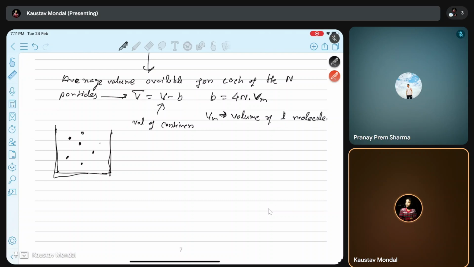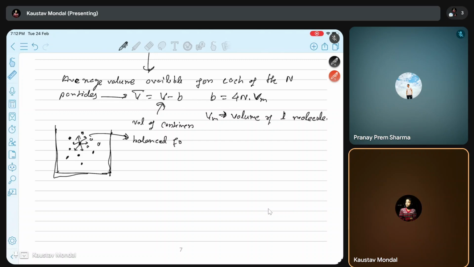All the forces experienced by a molecule inside the gas container are balanced. Each force component cancels the others, so each molecule faces a balanced force.